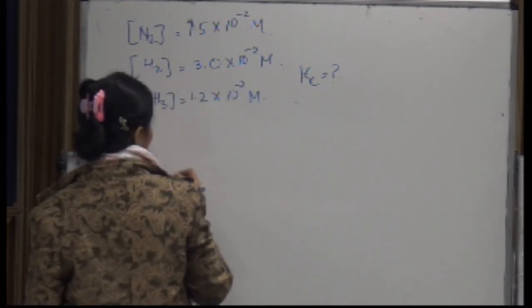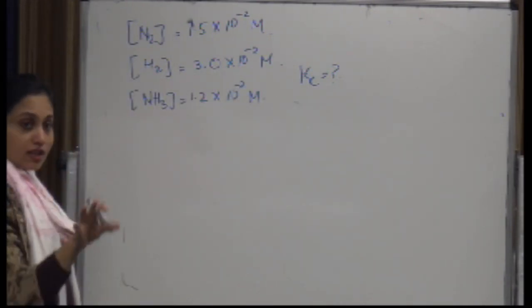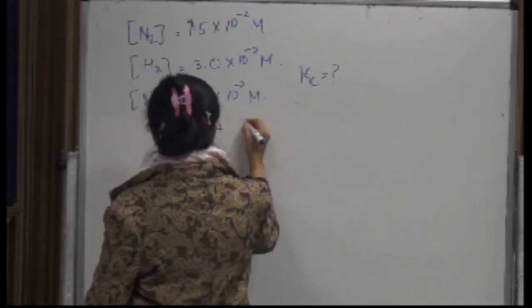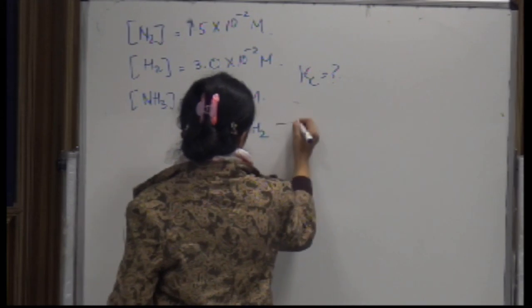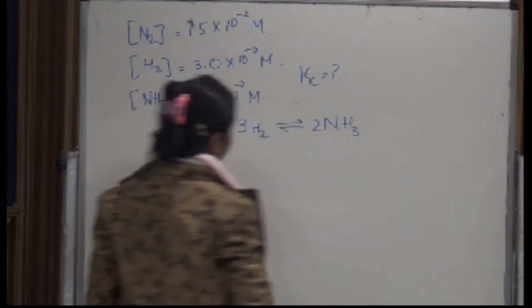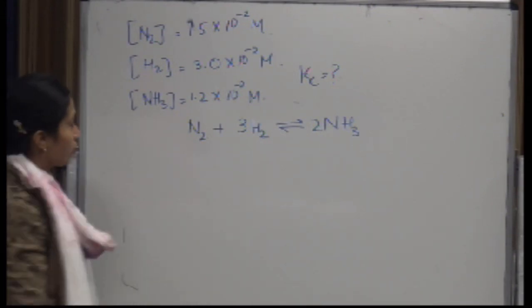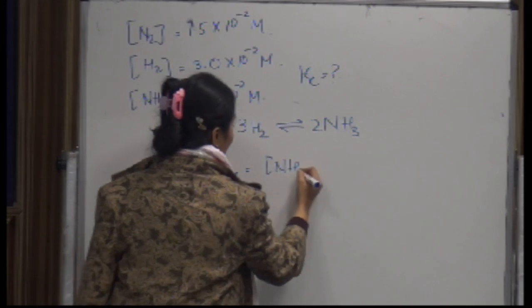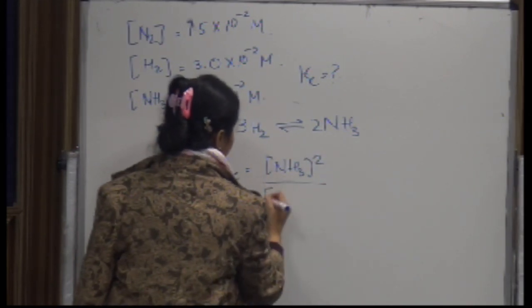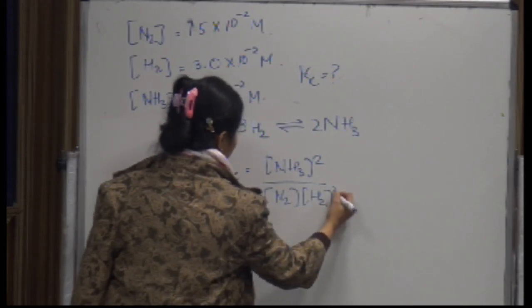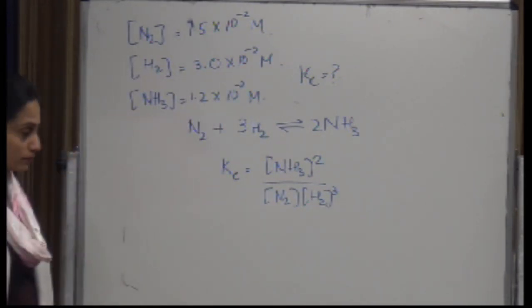First of all, your basic purpose is to write down the equation. What will that be? That will be N2 plus H2 in equilibrium with ammonia. Balance the reaction. It can be done simply, right? So you know that your Kc will be equal to NH3 whole square divided by concentration of N2 into concentration of H2 to the power 3.